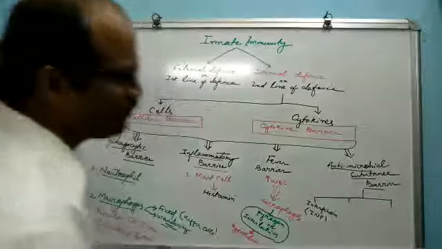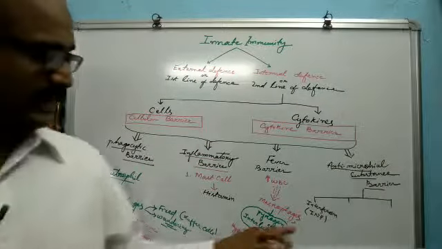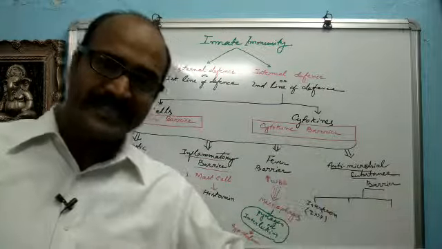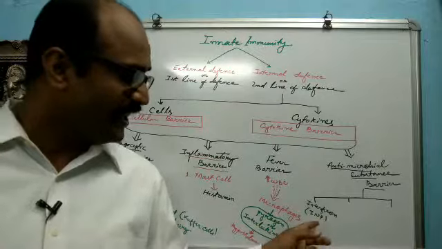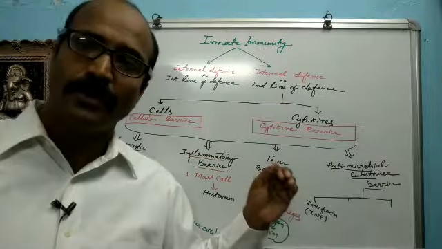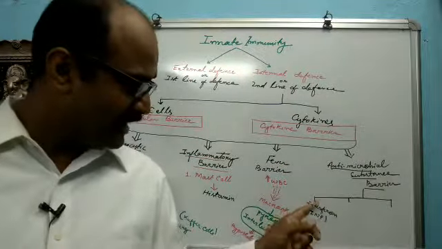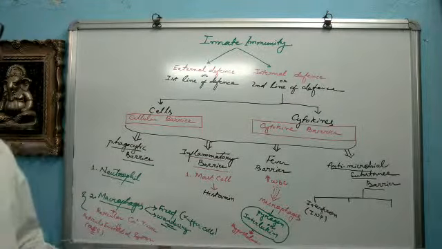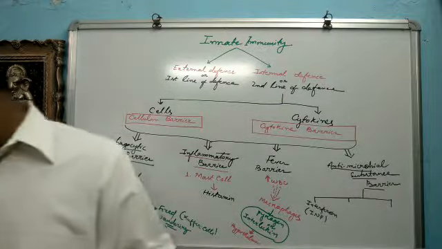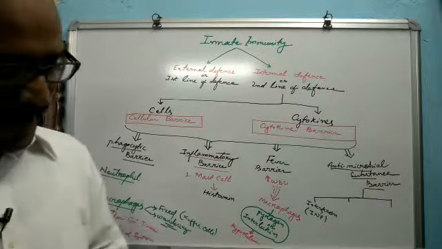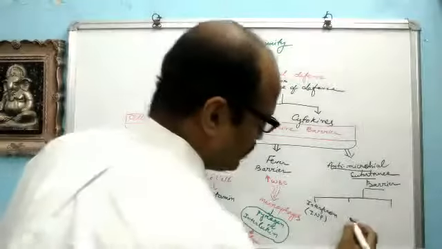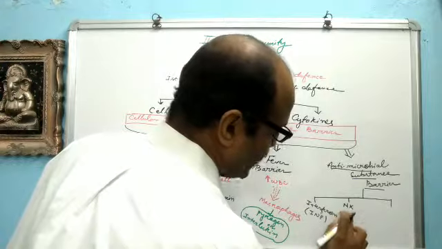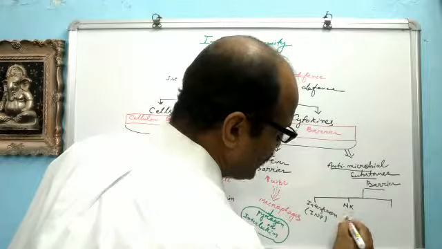Interferon is secreted from the virus-infected cell and prevents the nearby cells from the infection of virus. And this is also an antimicrobial substance. And another antimicrobial substance may be perforin. Perforin is secreted from the NK cell. The chemical is perforin.